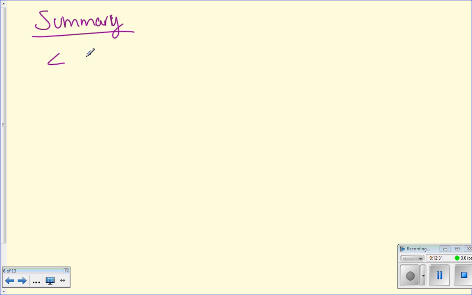less than or greater than, we're going to use a dotted line, or dashed, same thing. Less than or equal to or greater than or equal to, we're going to use a solid line.